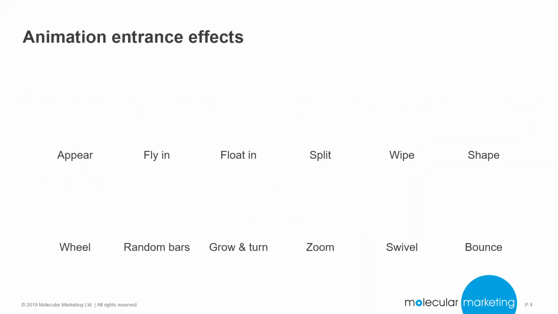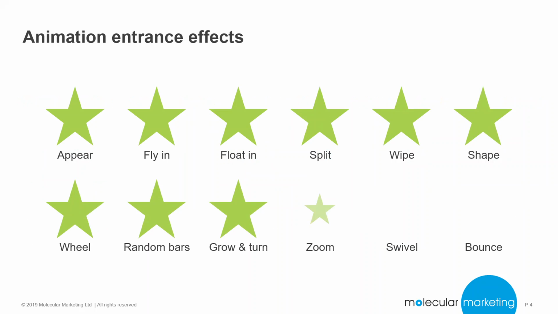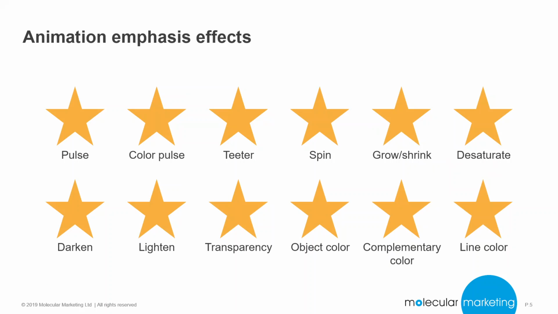Okay, before we start though, let's talk about animation in PowerPoint. Animation in PowerPoint comes in 4 types. There are entrance effects, such as these. And then there are emphasis effects.